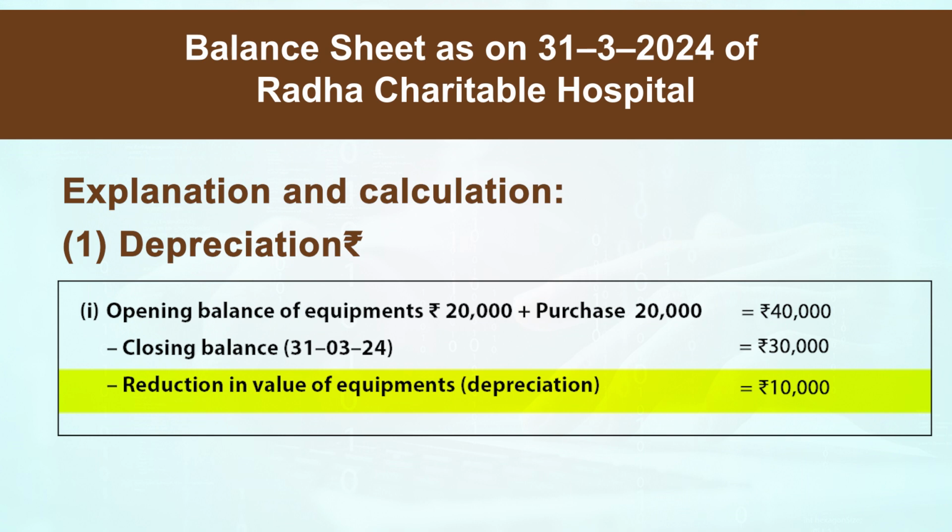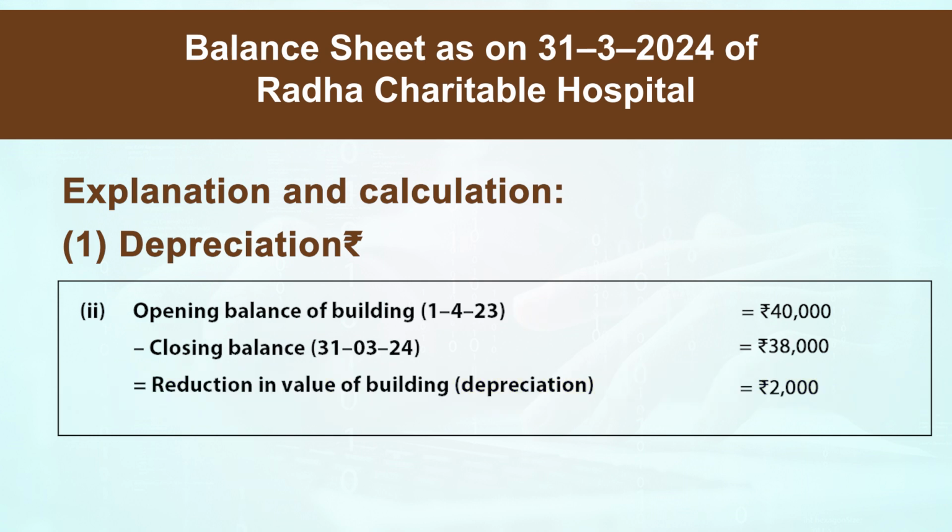Now we will see another point of building. Opening balance of building, that is 1st April 23, 40,000 is given, less closing balance 31st March 24, 38,000, reduction in the value of building, which means depreciation. So that is rupees 2,000.